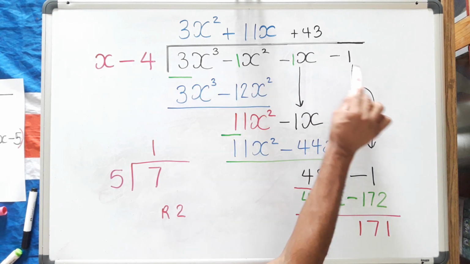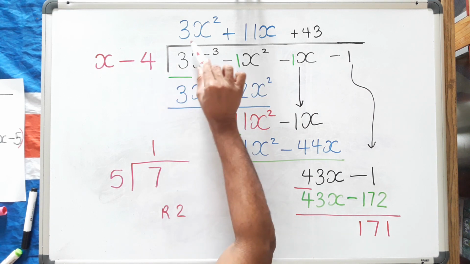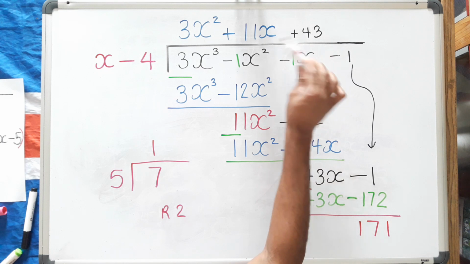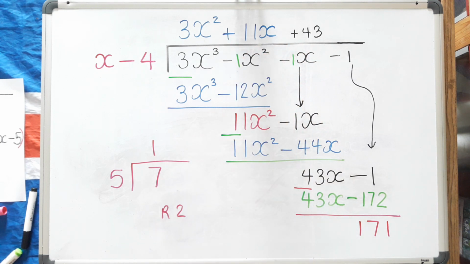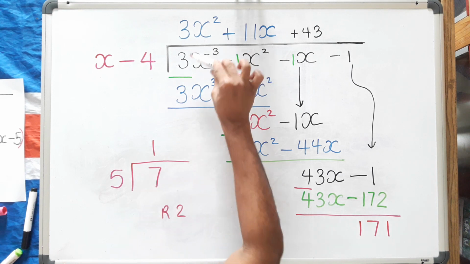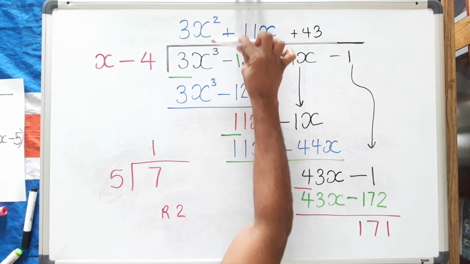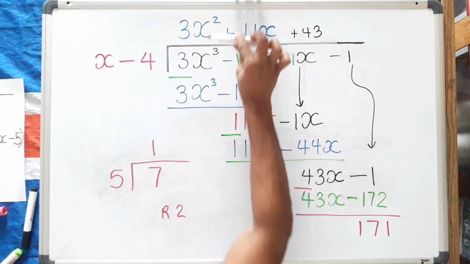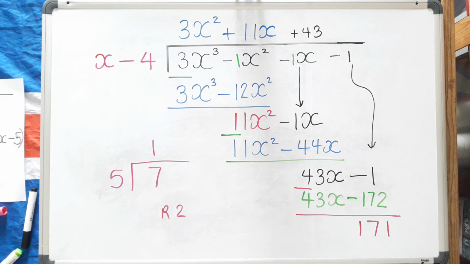When we took a cubic and divided it by x minus 4, we got a quadratic. A quadratic only has x squared, but a cubic has x cubed. So when we divide something complex, we got something slightly simpler, because a quadratic is simpler than a cubic.